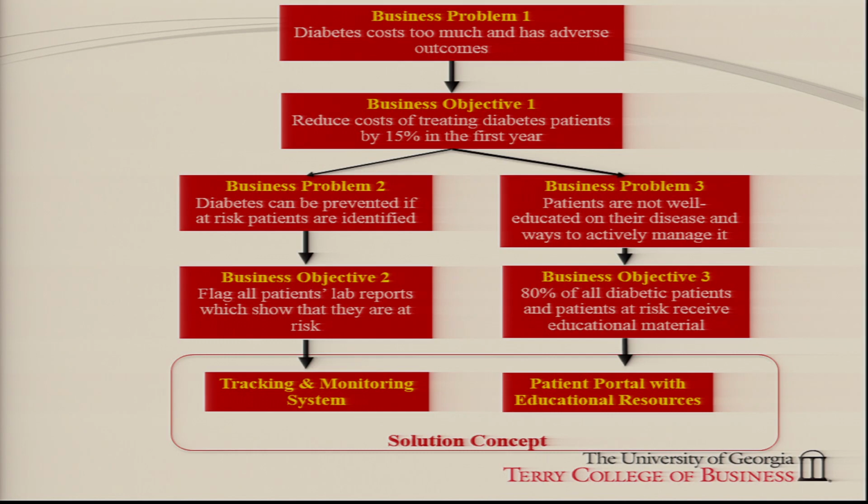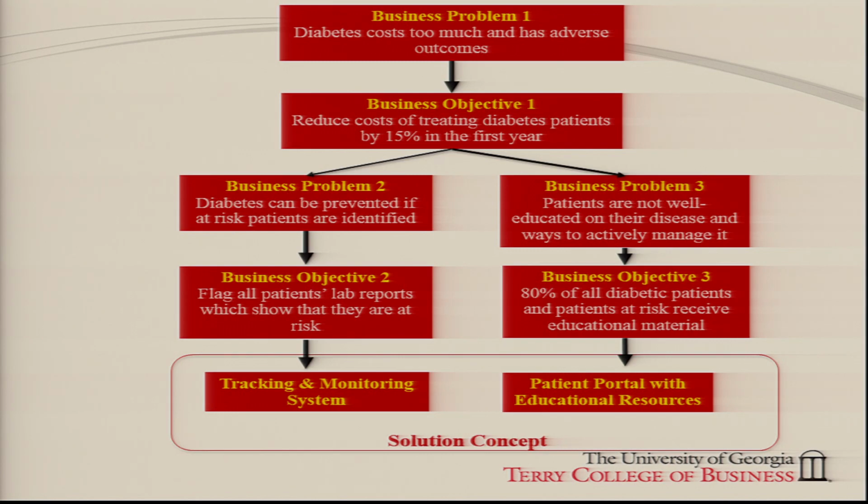And one potential way of doing this is flagging all patients' lab reports. Remember, this is an HMO, and they have that information, which shows who is at risk. Then we will move down and we say, okay, what do we need to have in our solution to be able to achieve this?